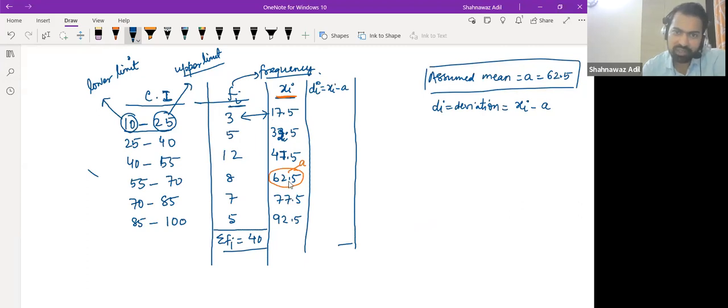17.5 minus 62.5, so that is how much? So that is 5, and then this is 5, 1, so 45, right? And then this is 30, and then this is how much?